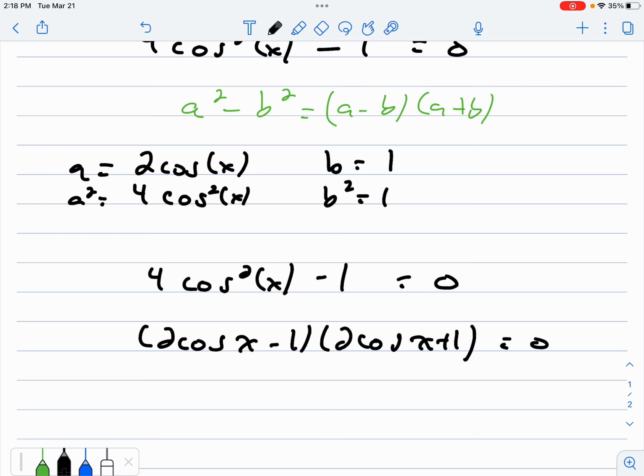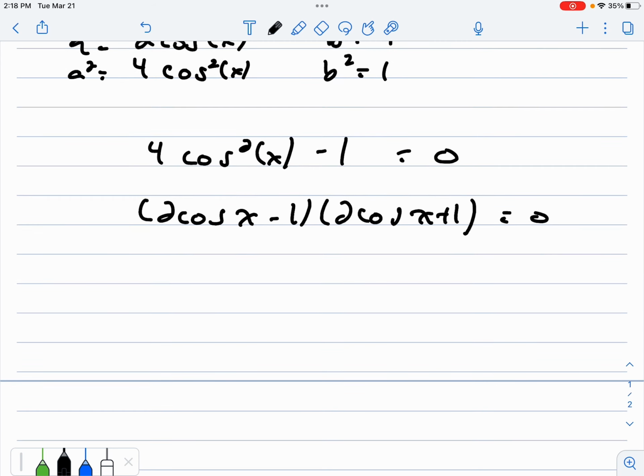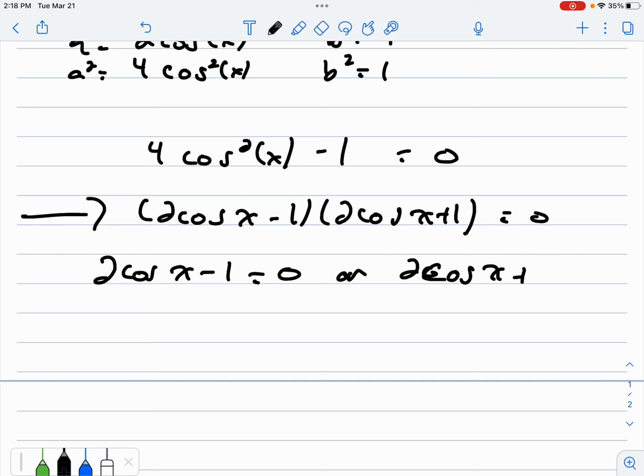So if that's equal to 0, then it's equivalent to having this equal to 0. And by what we call the zero product property, you will have solutions when either of these equals 0.